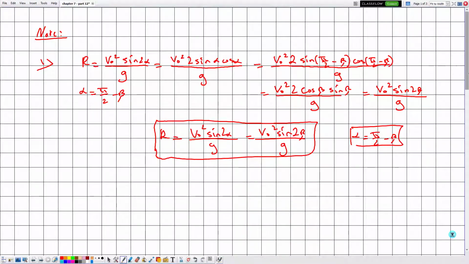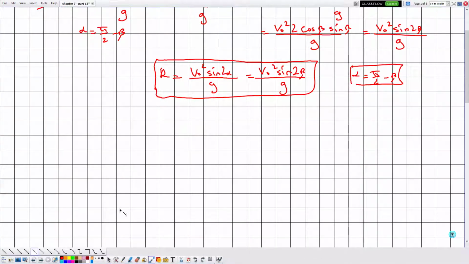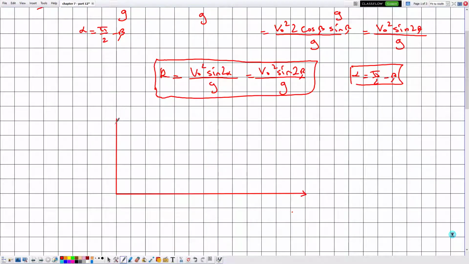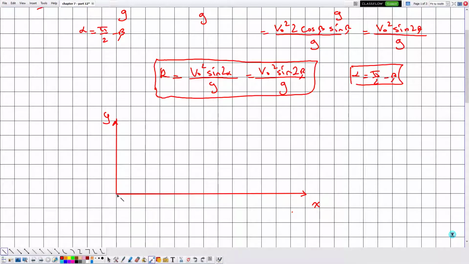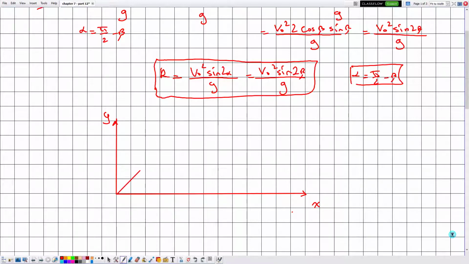So what does this mean? Suppose here we have a projectile launched in the xy plane with an initial velocity which is given by v0 like this, making an angle alpha with the horizontal.